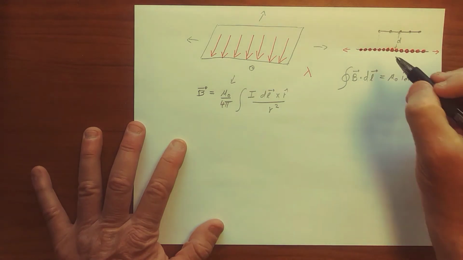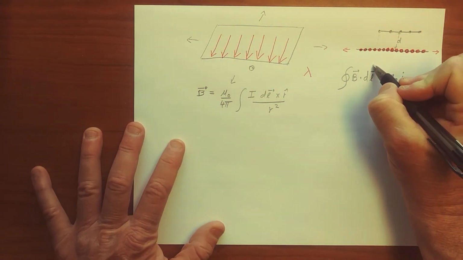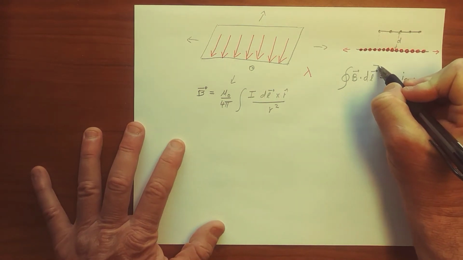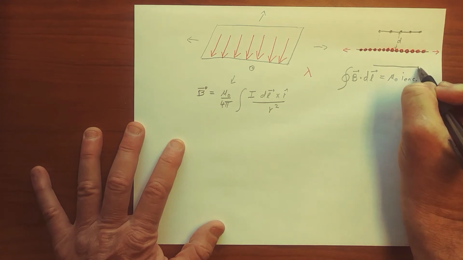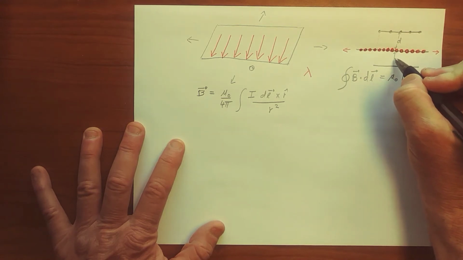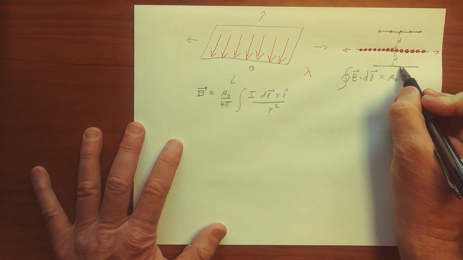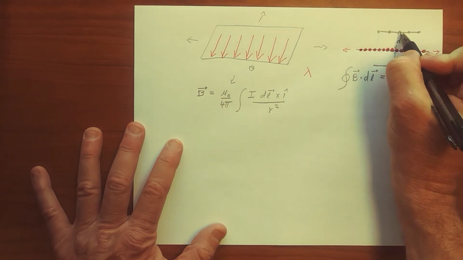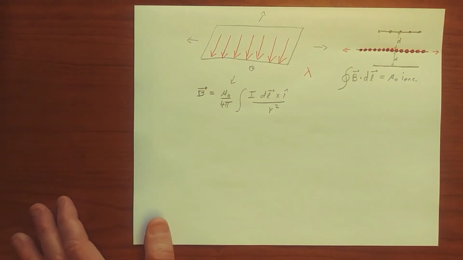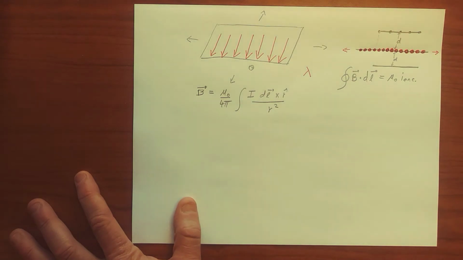It would be true that the field there has the same magnitude as it does a distance d below the plane. So even here we are at a distance d. And so these two lines have the same magnetic field magnitude, but different direction.